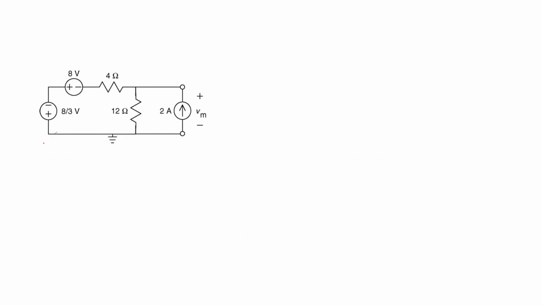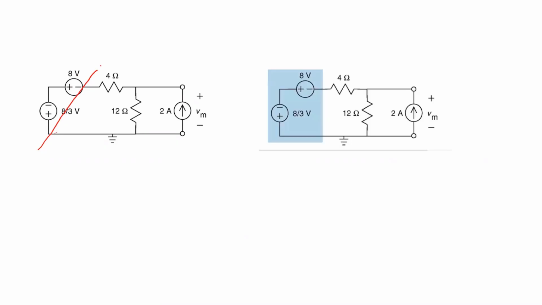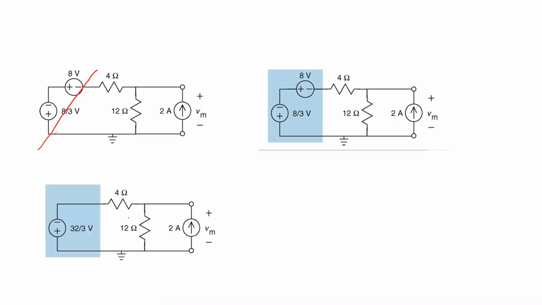We have said that these two can be converted into a single voltage source. As a result, 32 by 3 is the value here. Okay, polarity is either you follow this or this. They are one and the same because you are following the addition.